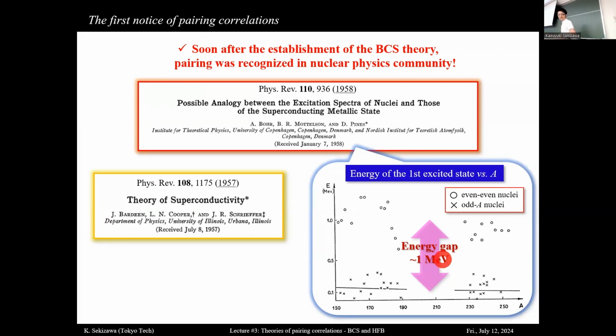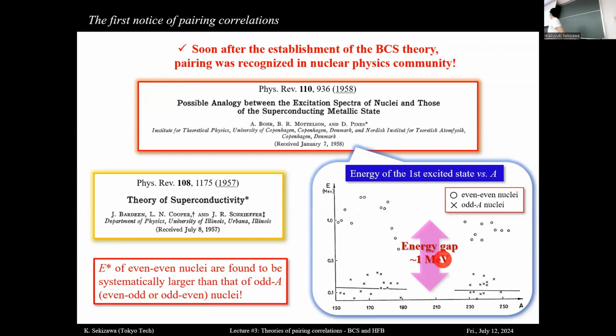They discussed that this is related to the Cooper pairing. In even nuclei, all nucleons form Cooper pairs, and to excite the nucleus we have to break a Cooper pair. It makes this energy gap. This is the first evidence that was already discussed in this paper, just after the BCS paper.